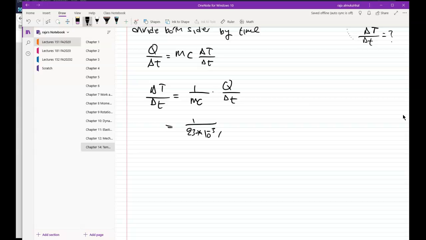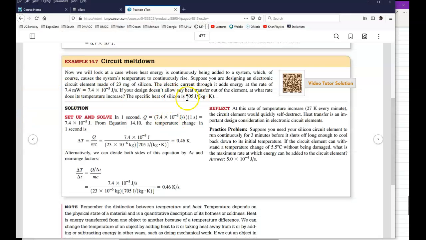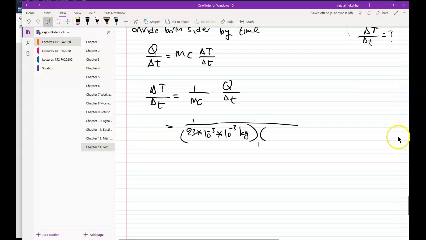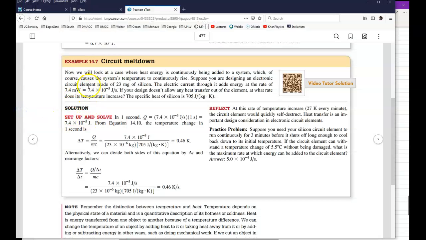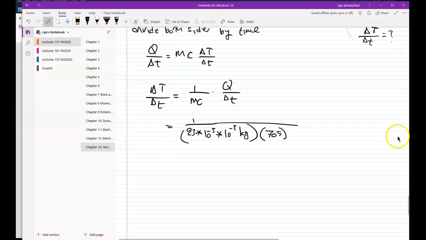It becomes a gram, times 10 to the negative 3 for a kilogram. You see the conversion? Divided by also the specific heat of silicon, which is, there we go, the units are fine, 705. And then on the top here, I have Q over delta t, which is nothing but that power, this number, 7.4 times 10 to the negative 3. I'm going to put it right here if you don't mind.